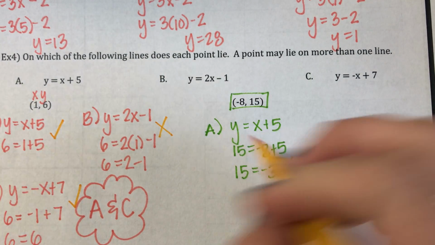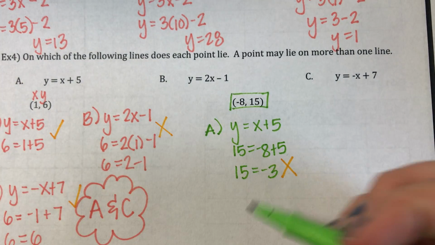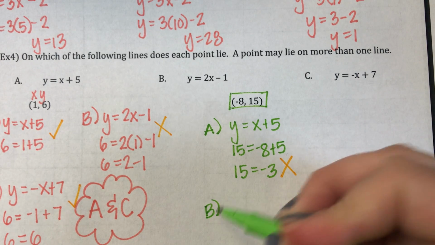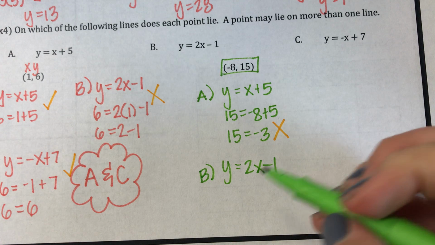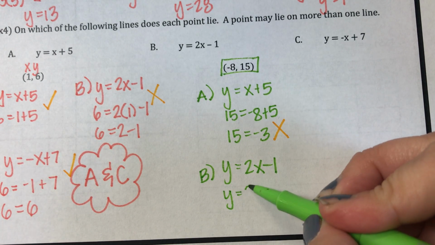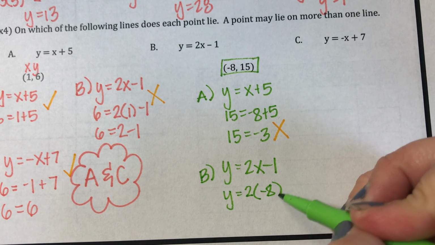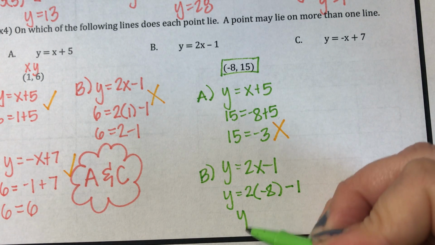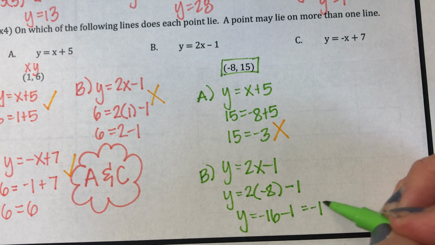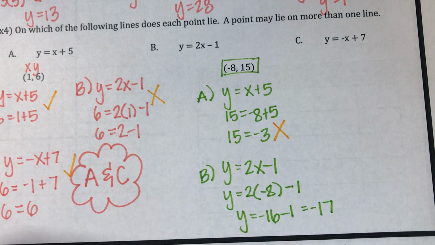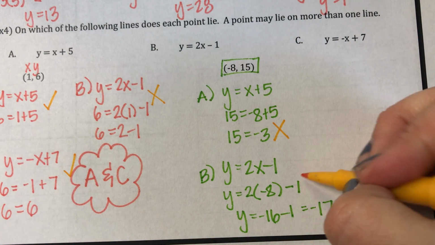No. So it is not a solution of line A. Then let's check line B. That's y equals 2x minus 1. So does y equal 2 times negative 8 minus 1? That's negative 16 minus 1. That's negative 17. Okay, so that would be no.